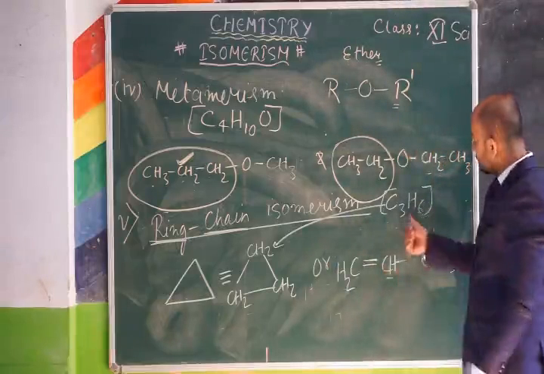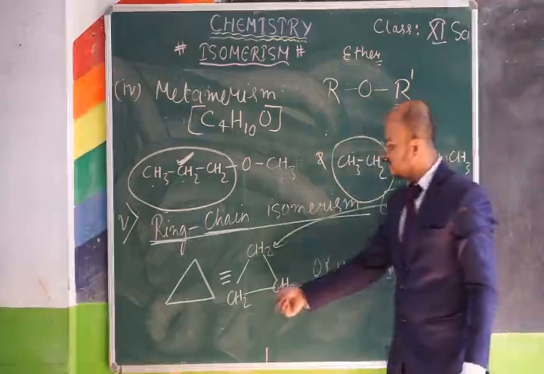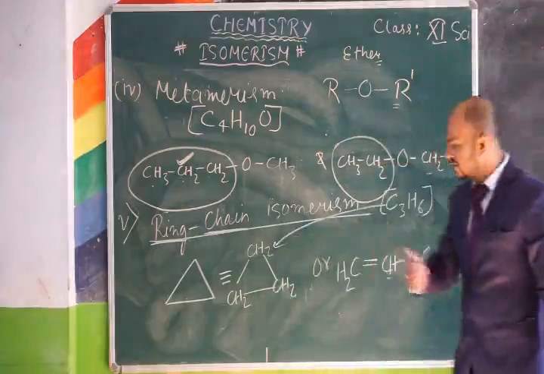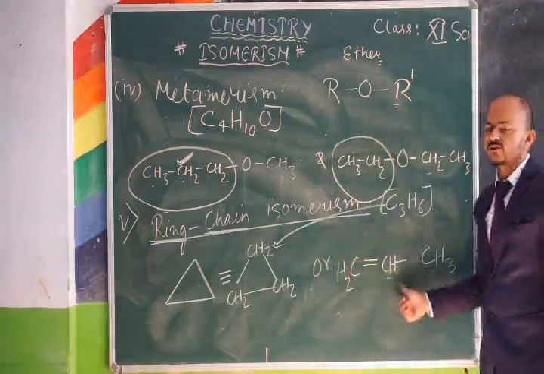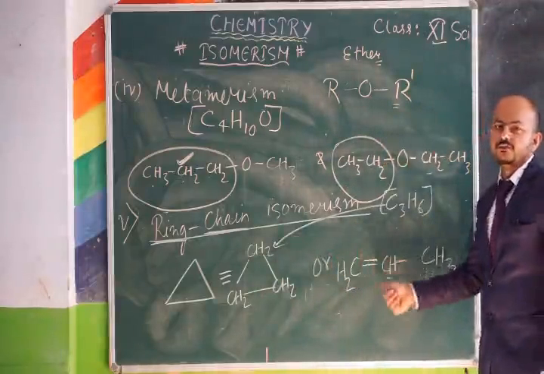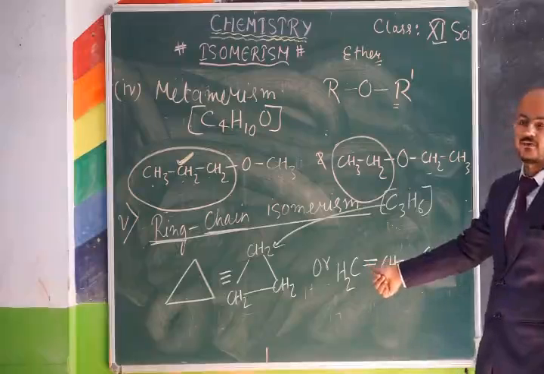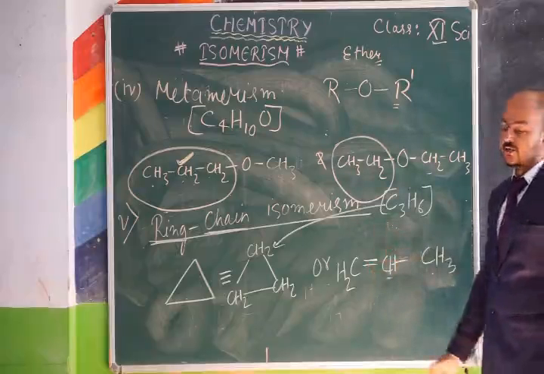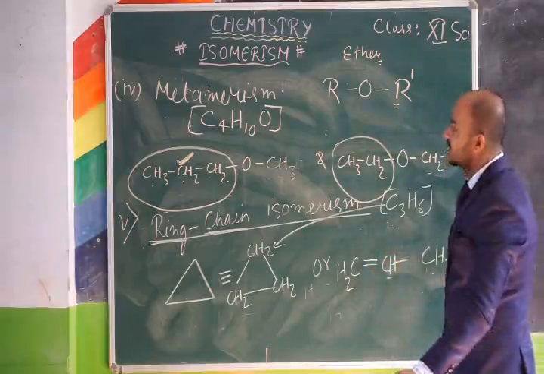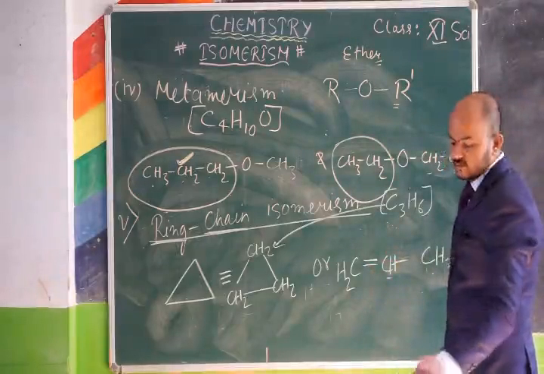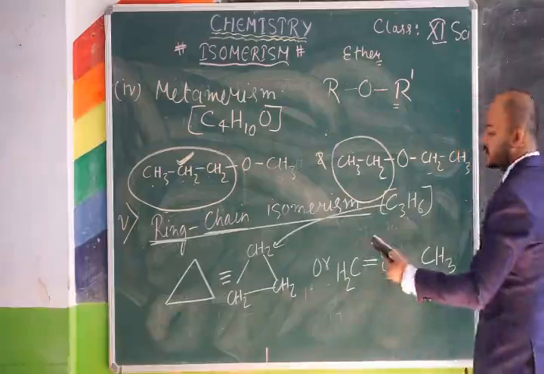So with the same molecular formula, you can have a compound staying in ring form and the other one in the chain form. Such isomers are known as ring chain isomers, and this phenomenon is known as ring chain isomerism.